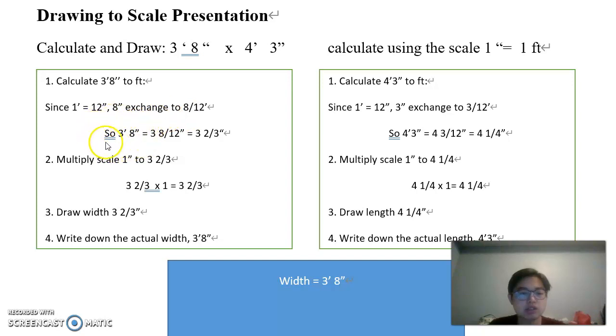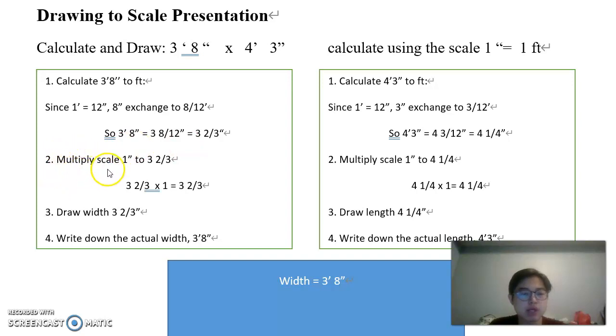So 3 feet 8 inches equals 3 and 8 over 12 inches. And 8 over 12 divided by 4, so the result is 3 and 2 over 3 inches.